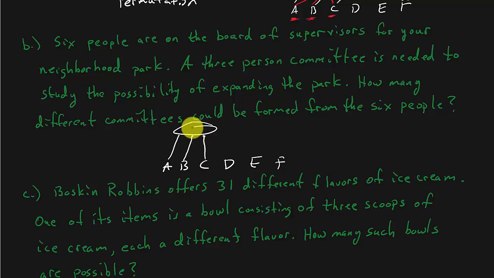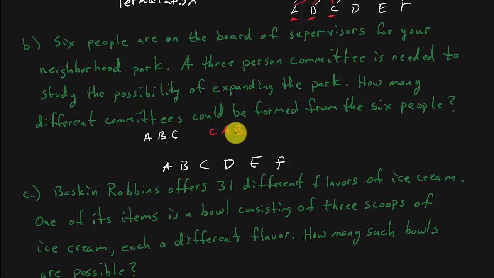Let's choose A, and then let's choose B, and then let's choose C. That's a committee there. Now, let's suppose I choose C, A, and then B, and put them on the committee. Well, did the order in which I chose those people make a difference?